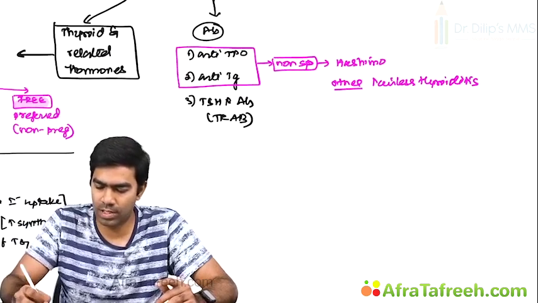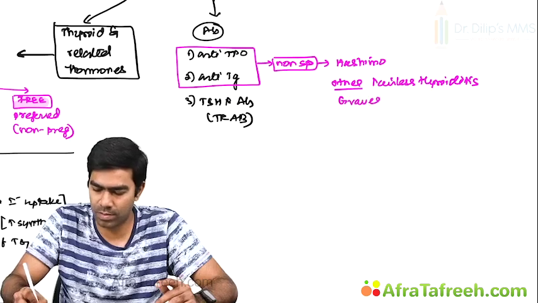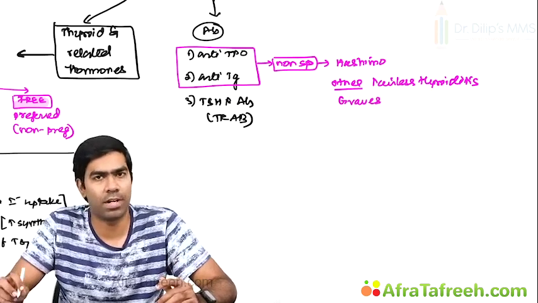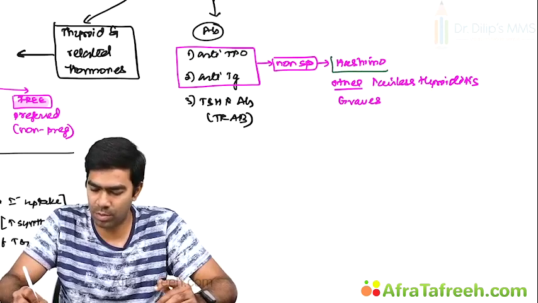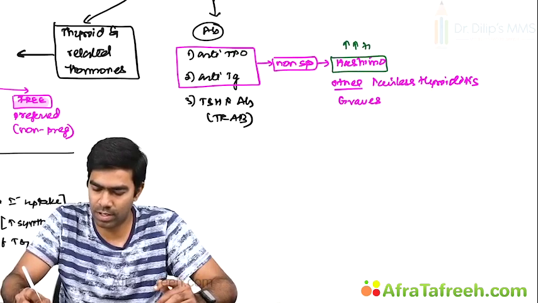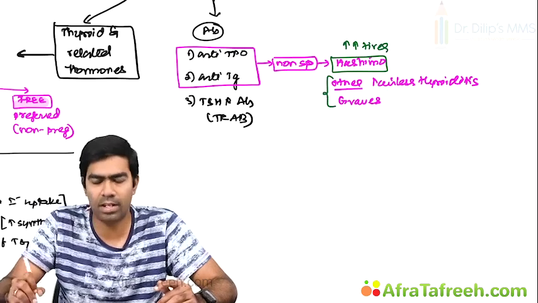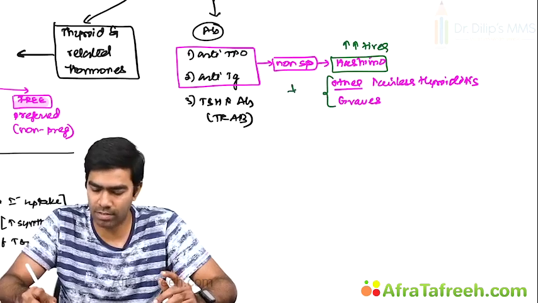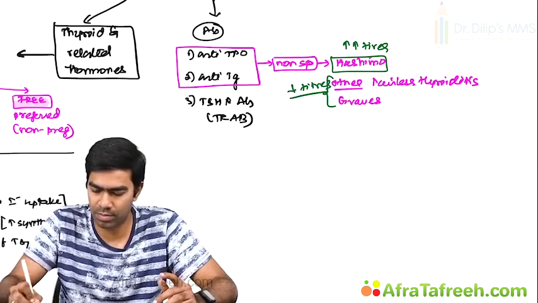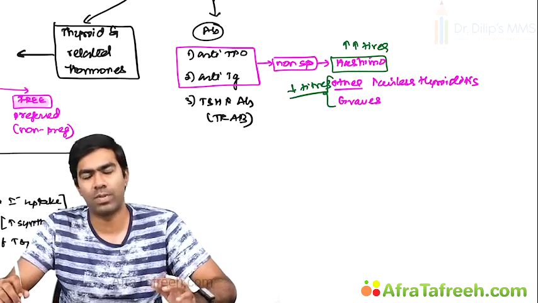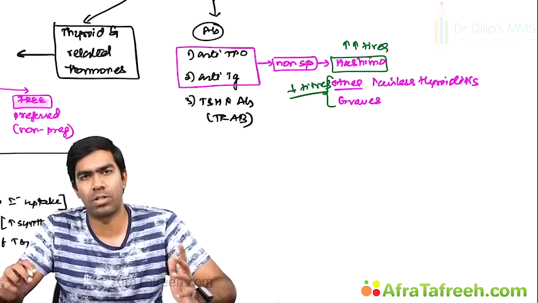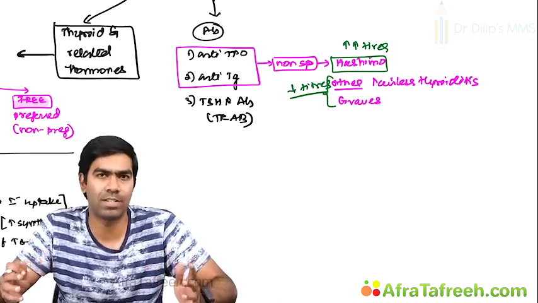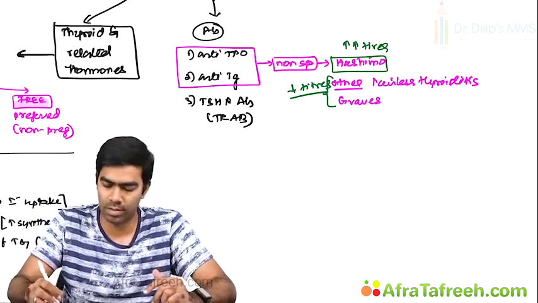And they can also be seen in Graves' disease as well. Which means it's not specific for any particular disease. But remember, in Hashimoto's, the titers are going to be extremely high, whereas in other painless thyroiditis and Graves' disease, the titers will be low, but can still be positive. Clear? That's why these are not considered to be very specific for Hashimoto's in the first place.